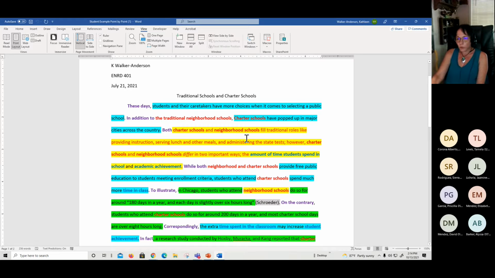So charter schools, charter schools, neighborhood schools. And that is, sorry, this is all intro, but it goes back and forth. Here's where the topic sentence is. So where it starts is here, charter schools and neighborhood schools differ, and the points of comparison. Then the paragraph is organized by the points of comparison, and it goes back and forth between the subjects. So they're switching back and forth. And we'll look closer at this example in a minute.